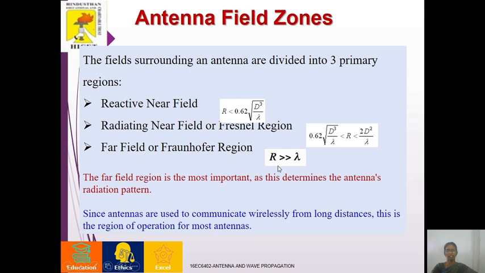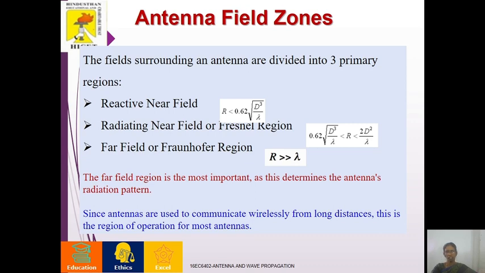Far field region is of most importance because this region determines the antenna radiation pattern, how the fields are distributed in the field space, how the electric and magnetic fields are distributed in the field space. And antennas are used in communication, that is in wireless communication, for long distance applications.